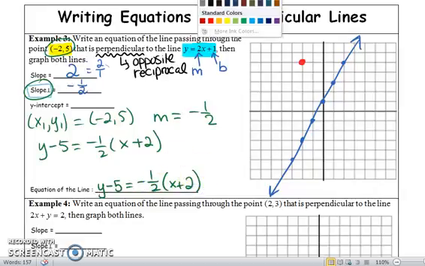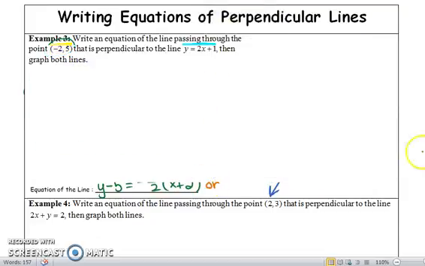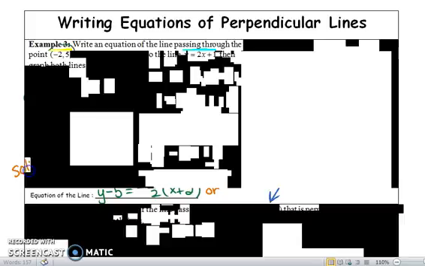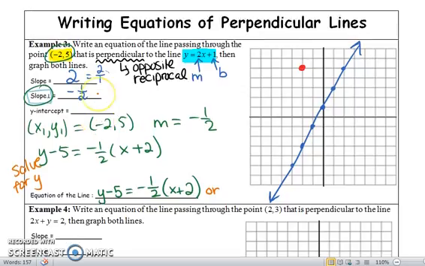But there is another form, and remember what that other form is: slope-intercept. So if I want to find the slope-intercept form, remember all you have to do is solve for y. So by solving for y, we're going to distribute that -1/2. So we're going to have y minus 5 equals -1/2 x, -1/2 times 2 is -1. Adding 5 to both sides.